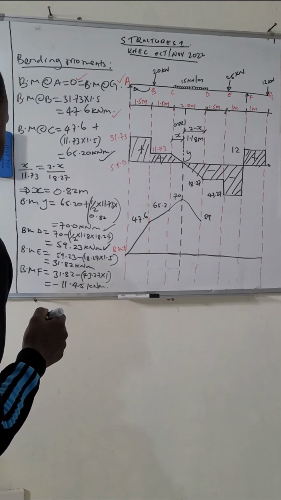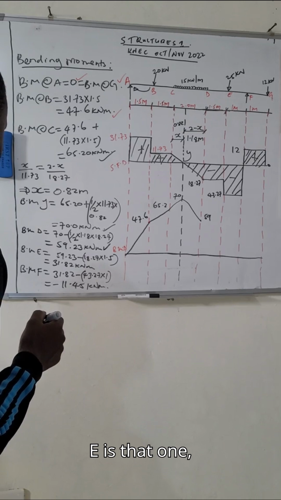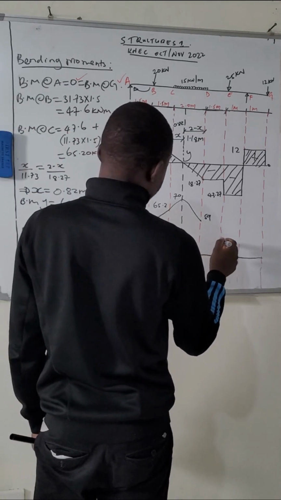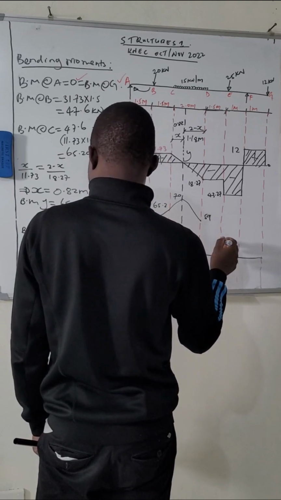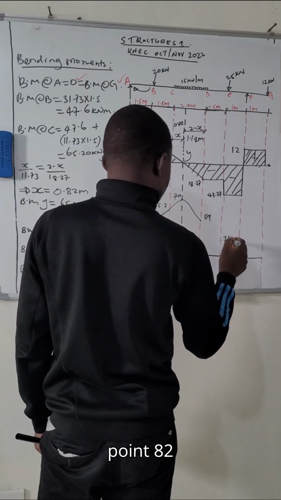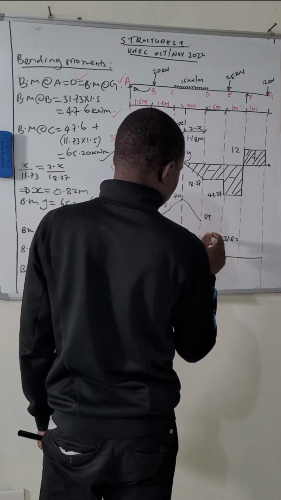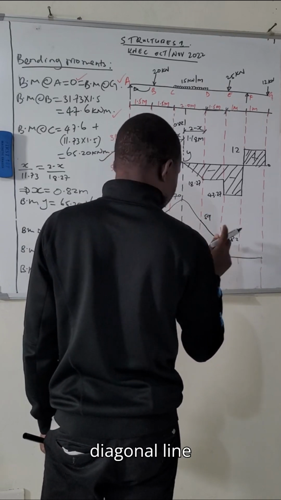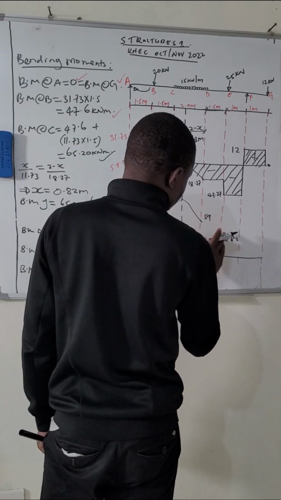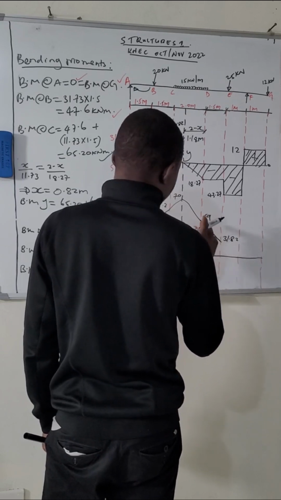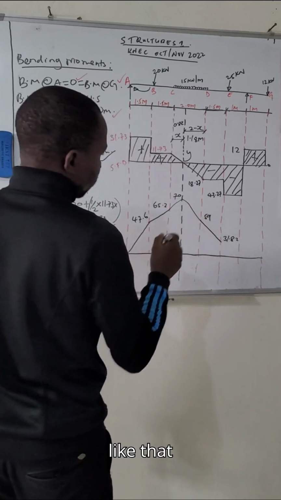At E is 31.82, so this one will be a diagonal line.